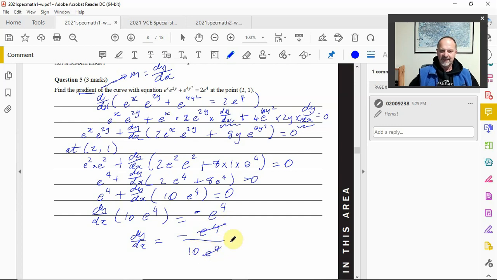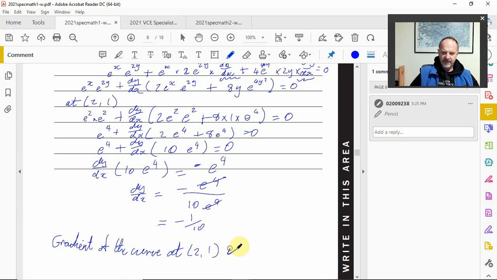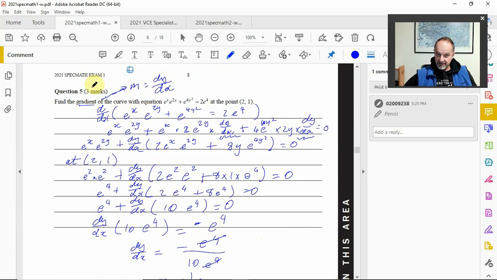The e to the 4's cancel, and so we get negative 1/10. So the gradient of the curve at (2, 1) is negative 1/10.